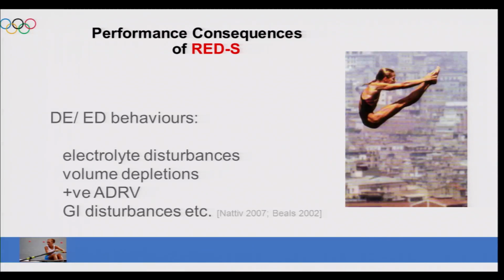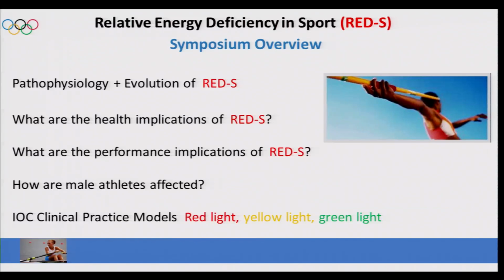And I've put down an acronym ADRV, and for those in the field that know, that's an anti-doping rule violation. For those athletes taking diuretics for weight loss with their disordered eating, of course, that can cause an anti-doping rule violation, which significantly affects your performance when you're not able to compete.